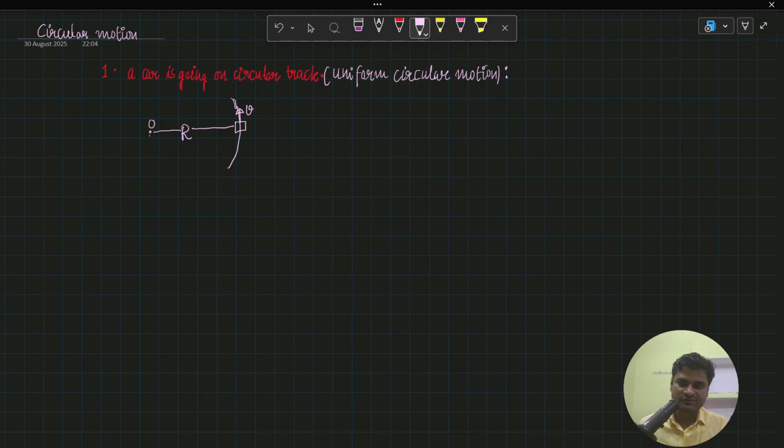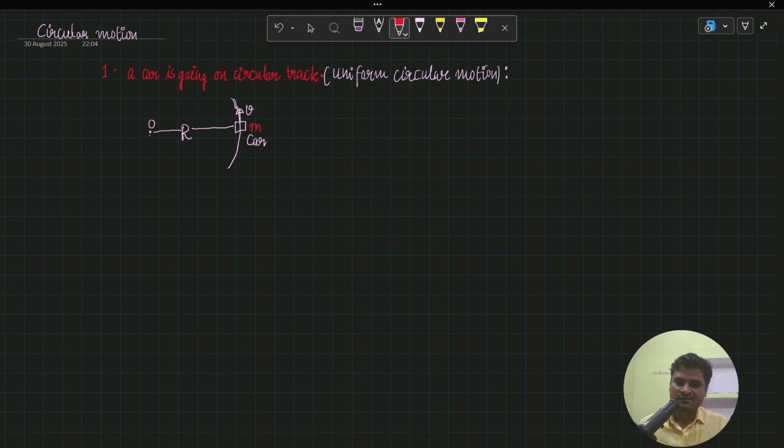So we are saying that this car is traveling on a circular track with a constant speed v, and the radius of this track is r, and we say that the mass of the car is m.